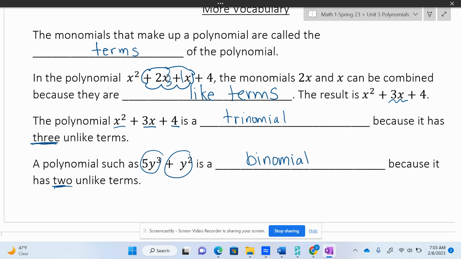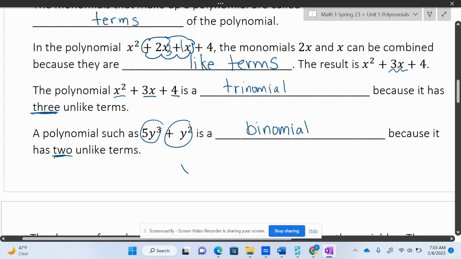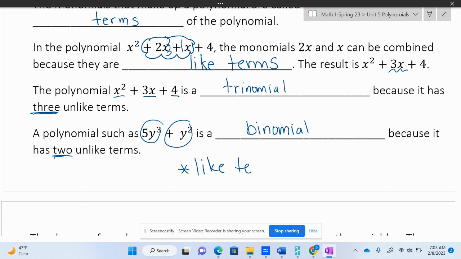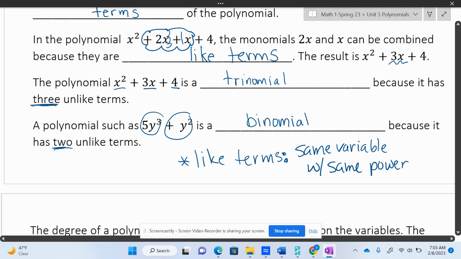I cannot take 5y cubed and join it with the y squared. Okay, so maybe just a little note on like terms. Remember, they have to have the same variable with the same power. So if they don't have the same exponent, you can't join them, okay?